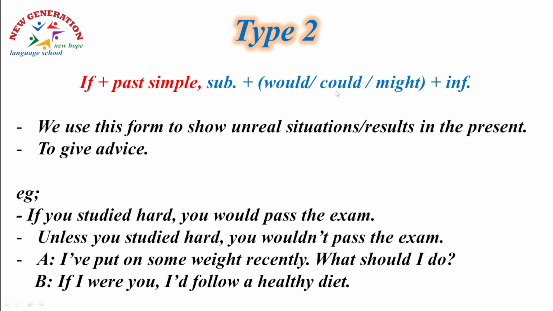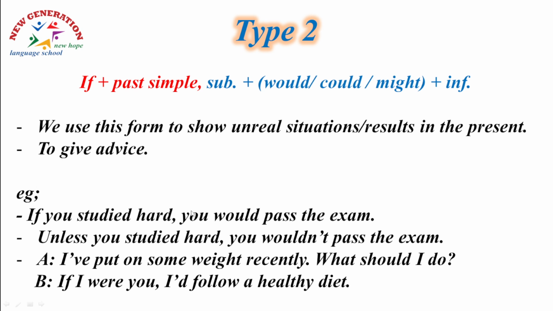We use this type to show unreal situations or unreal results in the present. Unreal here means that the opposite of what we say is what really happened. We can use it also to give advice.